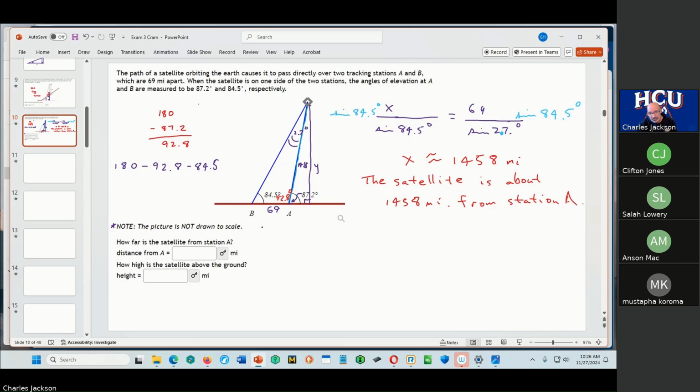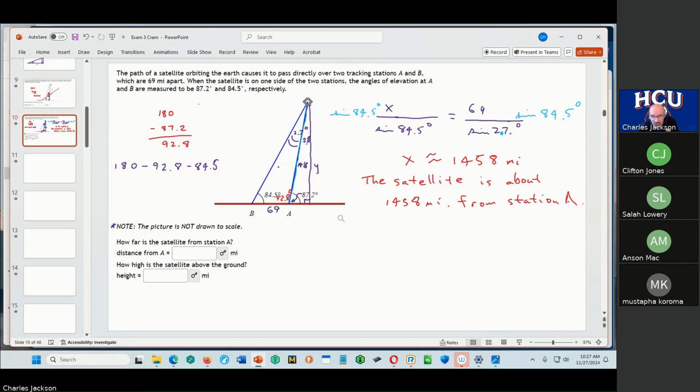And this one up here is also known then to be 2.8. Yeah, because you got the 90, you got the 87.2, so 2.8, which is too close to 2.7 for comfort, but that's what it is, 2.8.